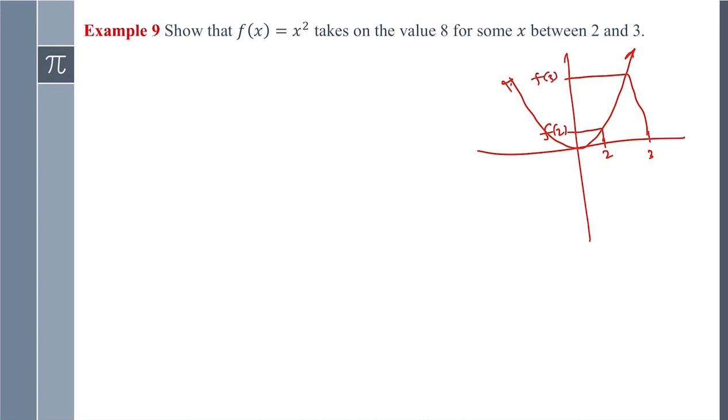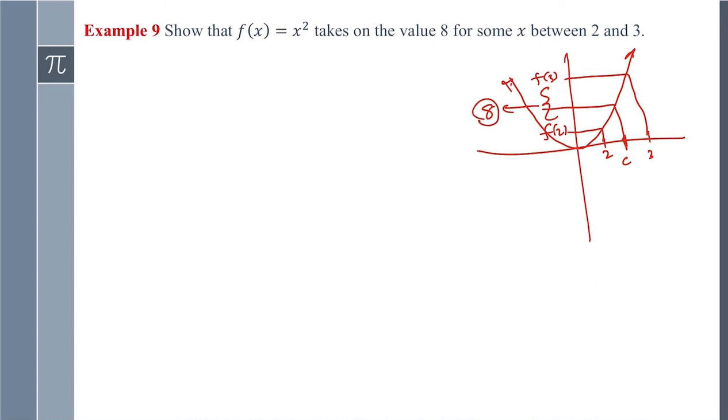So there must be a number between f of 2 and f of 3. There must be a number here, which is 8, and there must be a number here, c, so that the value of the function at c is 8. That's what this is saying, okay?